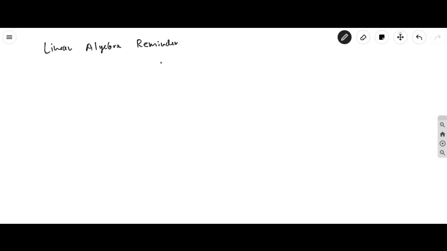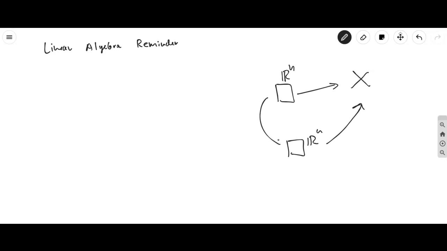So why is that? The reason is that if X is your space, and you're mapping Rn into X, and you have another chart that maps into X, then we talk about the change of coordinate function from Rn to Rn.